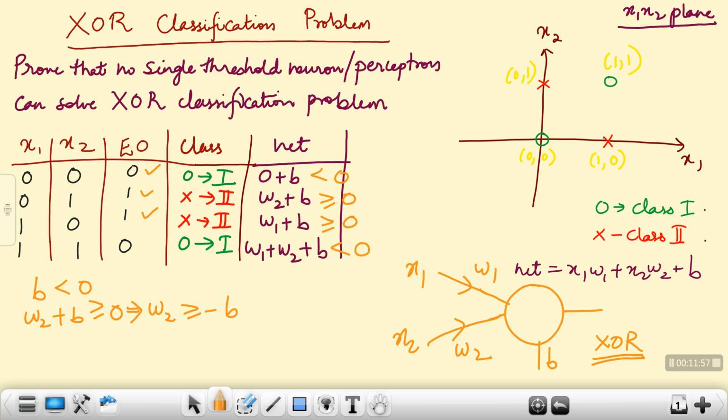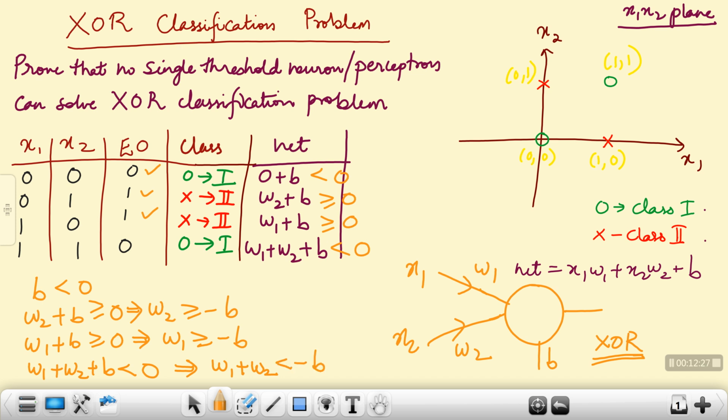Similarly, w1 plus bias should be greater than or equal to 0, which means w1 should be greater than or equal to minus bias. The last condition says that w1 plus w2 plus bias should be less than 0, which implies that w1 plus w2 should be less than minus bias.